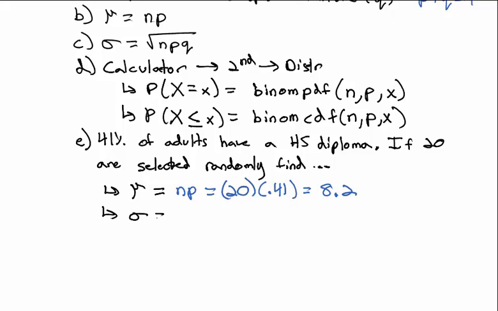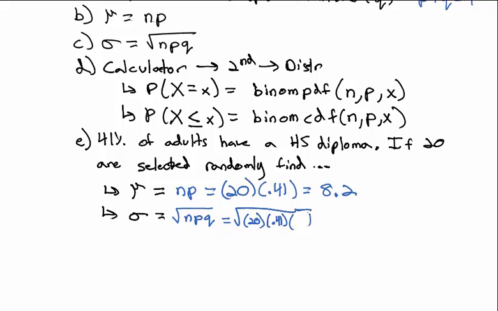Of course, we might be interested in the standard deviation, which we have from part C. The formula is the square root of NPQ, or the square root of 20 times the probability of success, the probability they have that diploma, 0.41, times Q, which is the probability of failure.